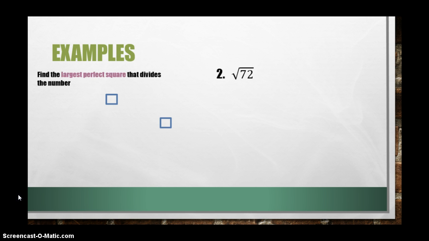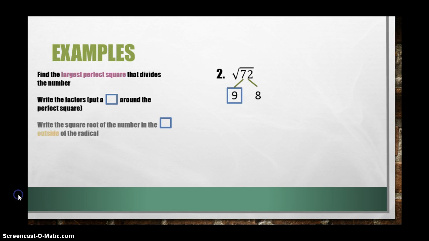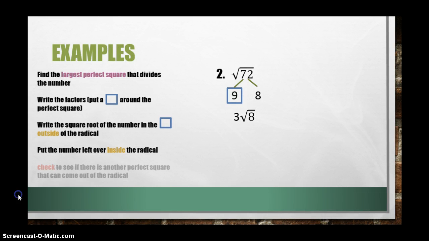Let's try another example. The square root of 72. Well, 9 times 8 is 72, so 9's our perfect square. We put a square around it. We write the square root of the number in the square outside of the radical, that's 3, and put the 8 under the radical. Now, check to see if there's another perfect square that can come out of the radical. In this case, there is.